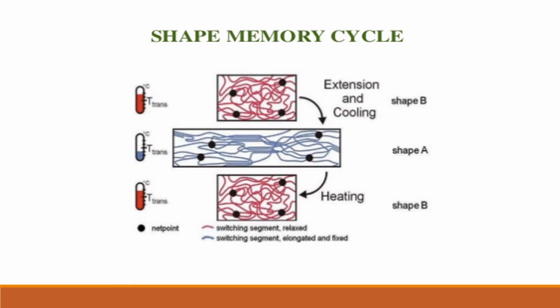When the polymer gets coiled, the shape changes to shape B. Then, by changing or reversing the external stimuli, I could reach the original shape, that is shape A.